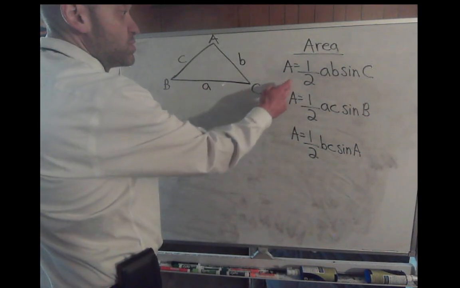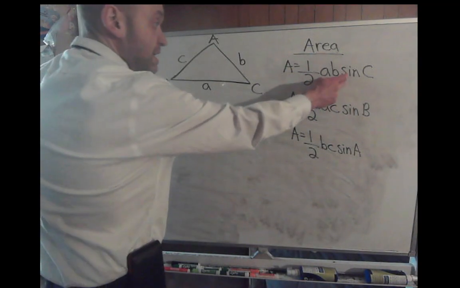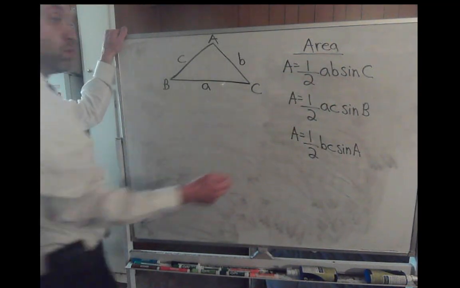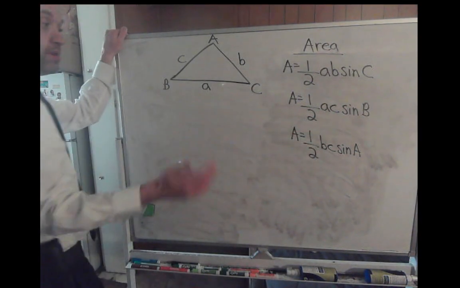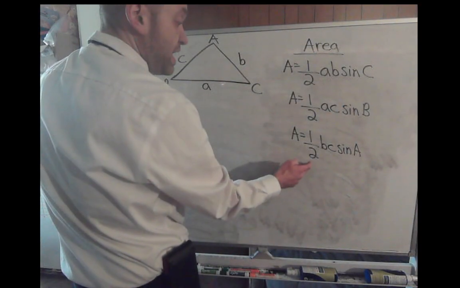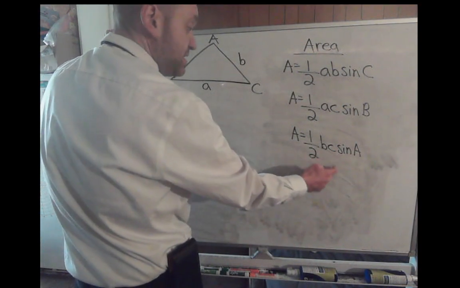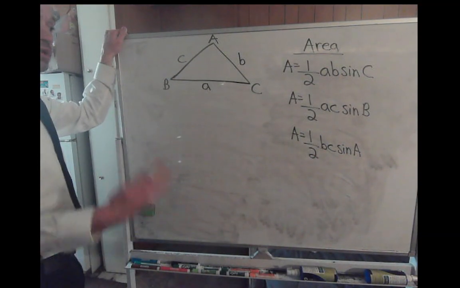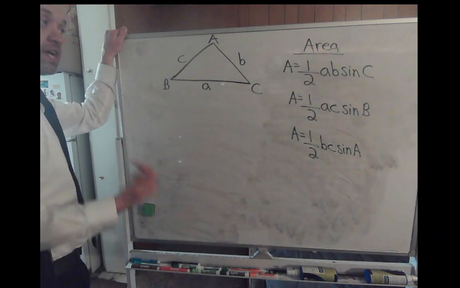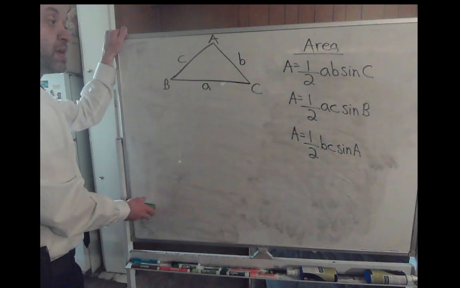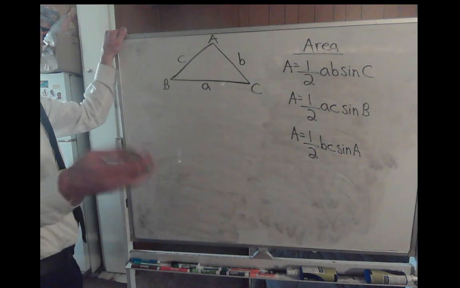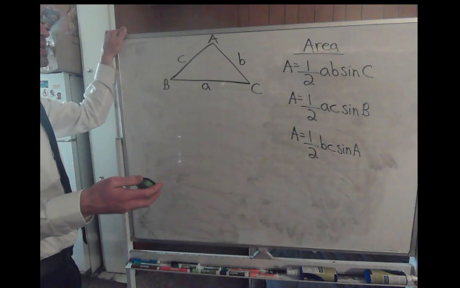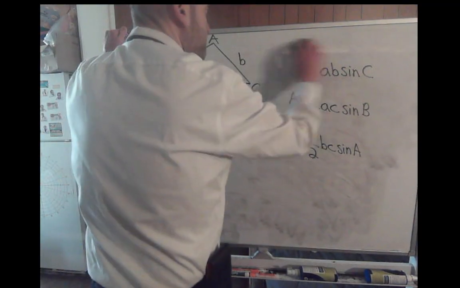The area equals 1/2 of side AB times the sine of C, or 1/2 times side AC times the sine of B, or 1/2 times side BC times the sine of A. It depends on which sides and angles you're given, but this only works for side-angle-side triangles. Let's get started on some examples.